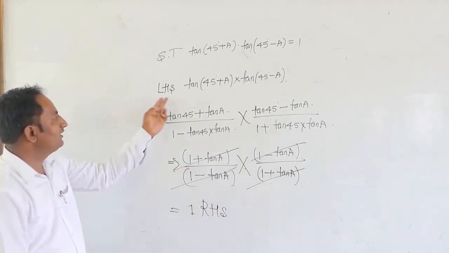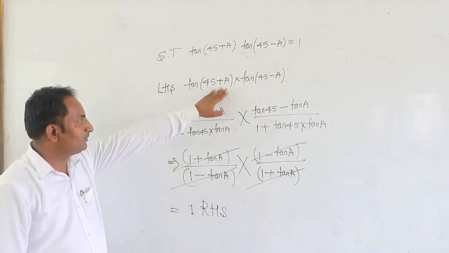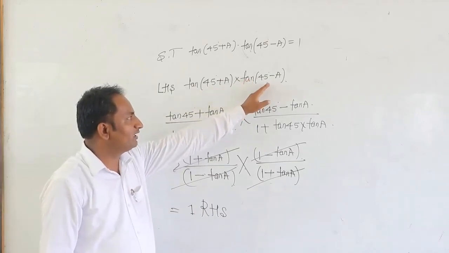First we can take LHS: tan of 45 degree plus A into tan of 45 degree minus A form.